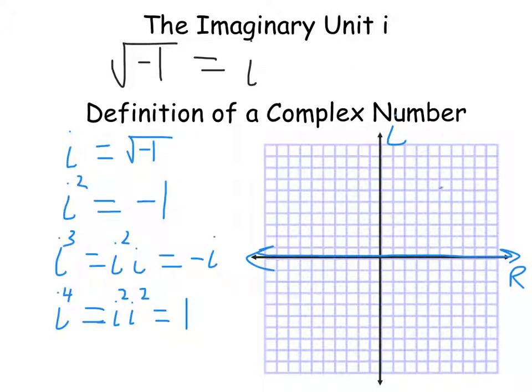Now, if I were to plot this point right here, I could see that 1, 2, 3, 4, 5 is the real component, and 1, 2, 3, 4, 5, 6 is the imaginary. So you're going to see our answers expressed today like this: 5 plus 6i.